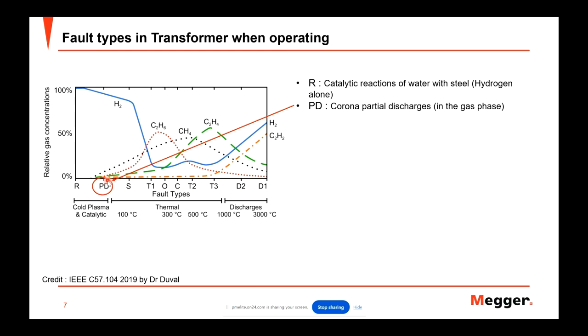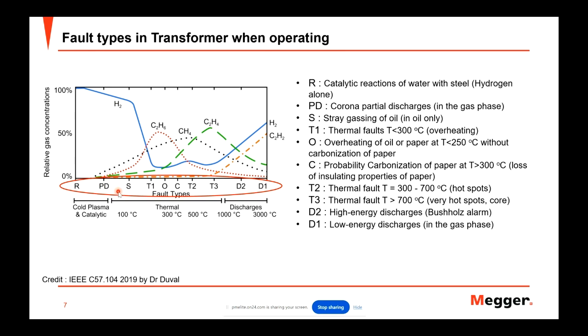If you have a PD inside of your transformer, the hydrogen will not reduce in concentration according to this curve. No, this curve is just for analyzing what happened inside your transformer. You measure all of those gas concentrations and you find out that, okay, this is PD.